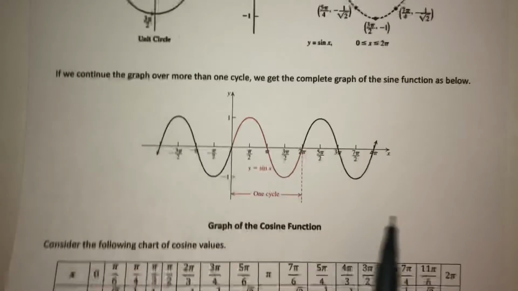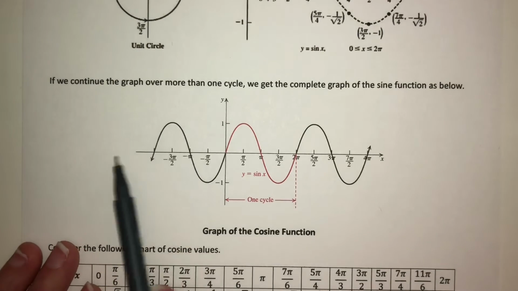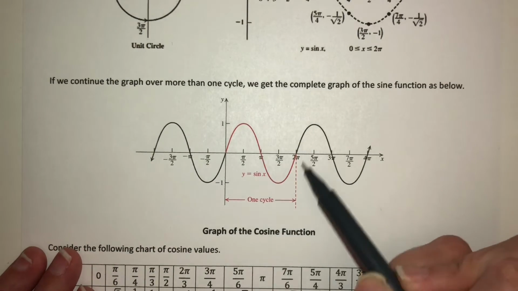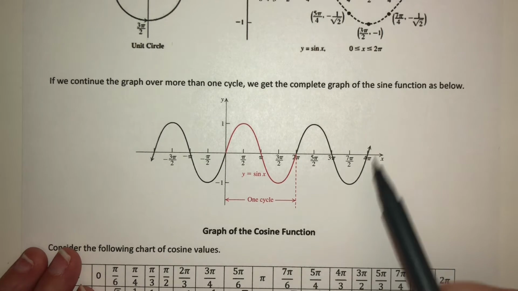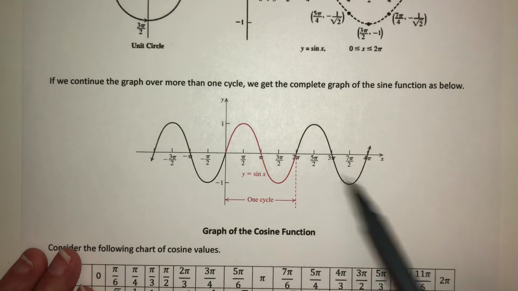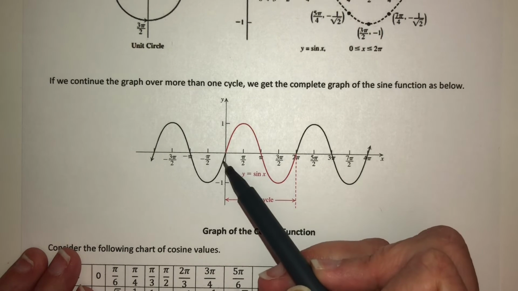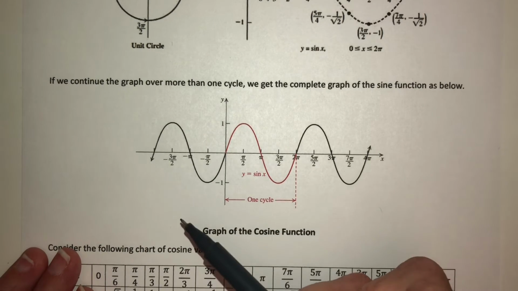And so if you want to make it more general, this is your basic graph. Here's your sine x, and that's the cycle we graphed, and we know it's periodic, and so we repeat the same shape over and over again, and we know also that this should be an odd function, so it should be symmetric about the origin, and it is.